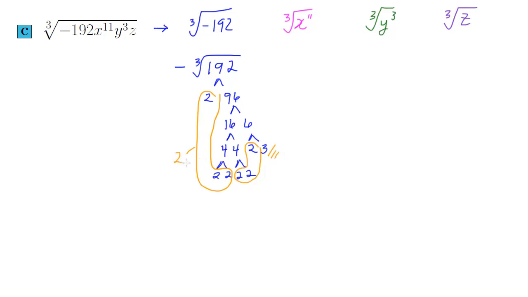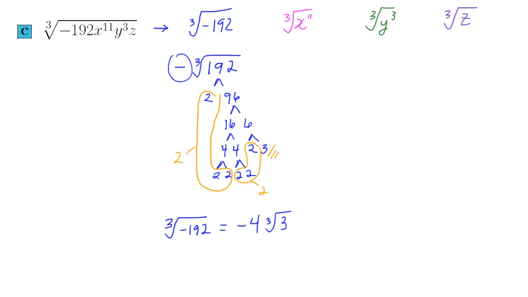So we'll get a 2 out from this group, we'll get another 2 out from this group, and then this 3 remains inside. Which means altogether our cube root of negative 192 is going to equal negative 2 times 2 times the cube root of 3. Right, so this 2 times 2 becomes a 4 outside, this 3 stays inside, and the negative comes out as well. So that's the first part of our simplification.